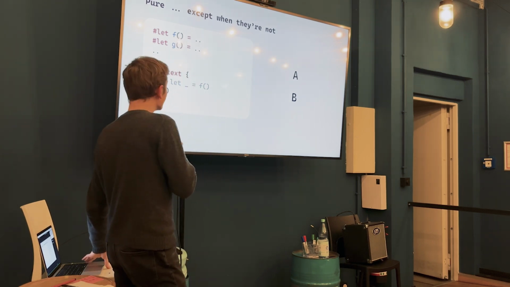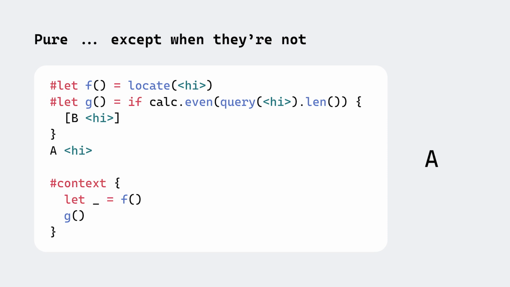And this can be abused to make functions sort of impure in this interesting way here. So just a quick explanation. Locate, for the people that don't know, expects exactly one match of the label high. If there are 0 matches or 2+ matches, locate will throw an error. So what we do here is we have an A with high, and we have a B with high up here in G. And now we go into this context block initially.